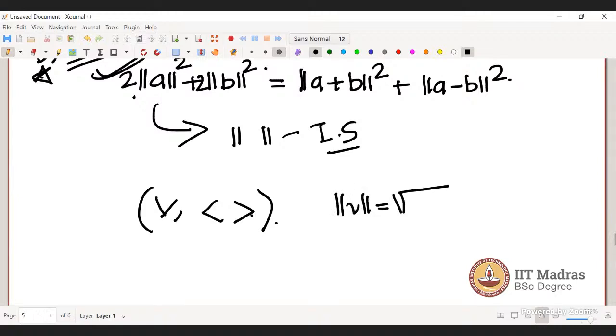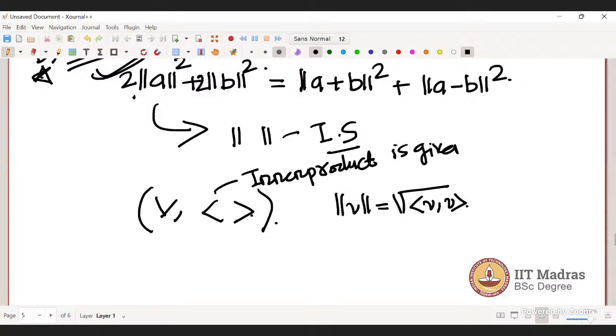Now, if the inner product is given, then you can assume that. If it is not given and I'm talking about some norm, then it can be any arbitrary norm.